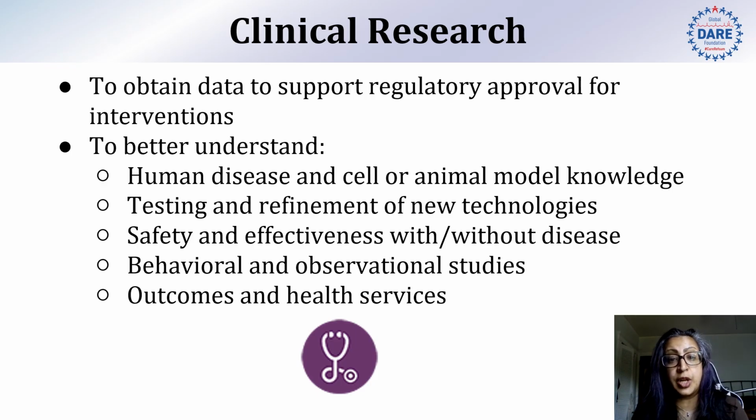Clinical research helps generate the evidence that's needed for approval from regulatory agencies like the FDA, while also improving our understanding of human disease and refining new technologies. This stage of research can involve observational research, behavioral studies, clinical trials, and other health outcome studies. All of these together are aimed at determining what truly works for patients in real-world settings.